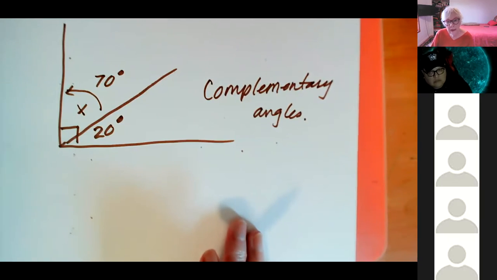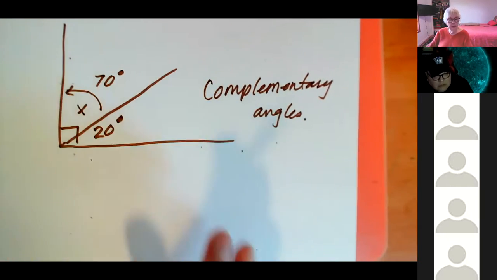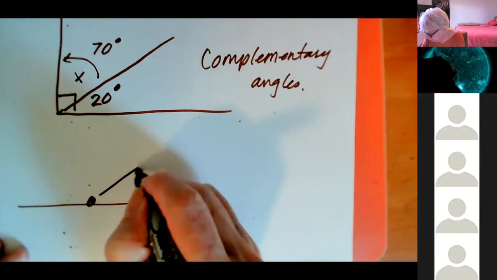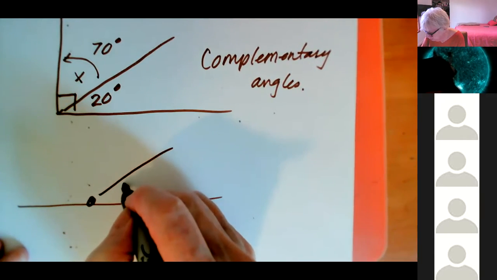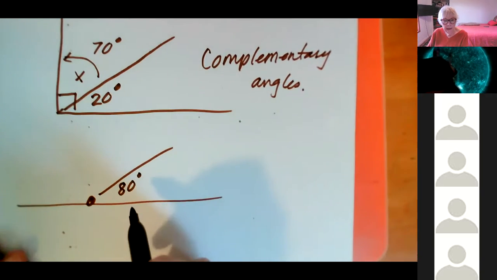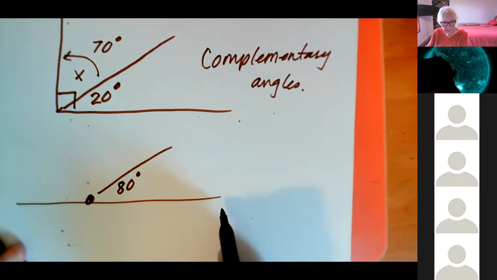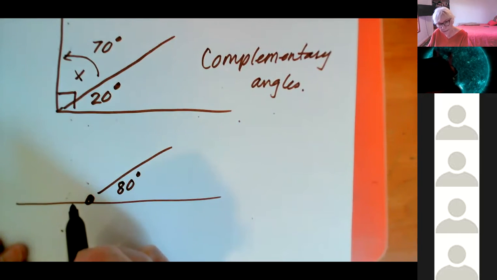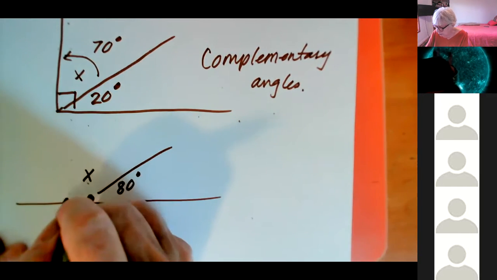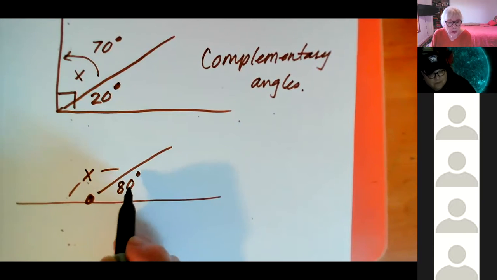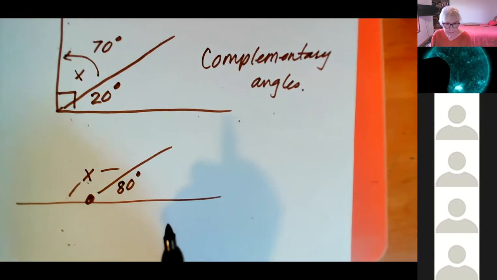If they don't ask you for that word, the picture will tell you what to do. This is a straight angle. The total is 180. If they told you the first one, could you figure out the second one?